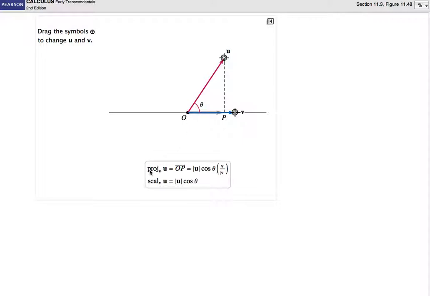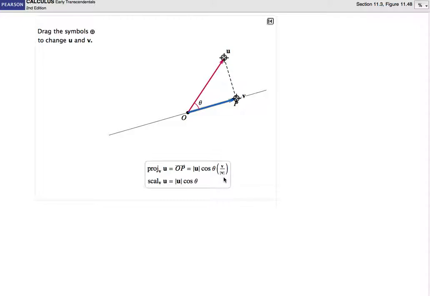In other words, I can talk about the scalar component, norm of u cosine theta, and the projection component, which is not only the scalar part, norm of u cosine theta, but then also a unit vector in the direction of v, v over the length of v.